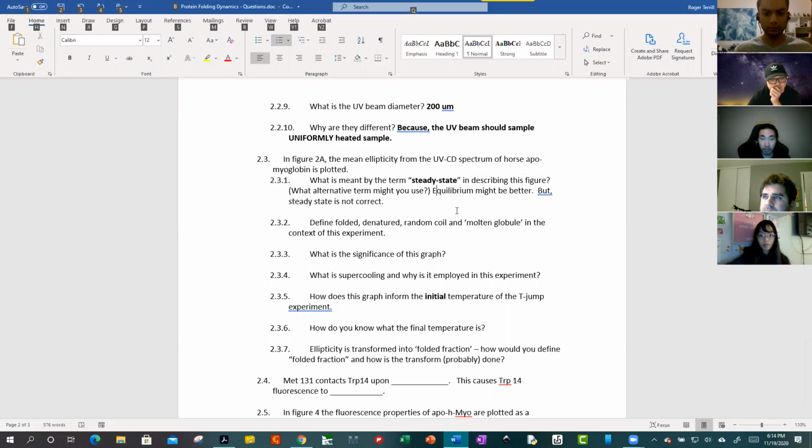Steady state is like if you have a big lake draining into a little lake or into the ocean, right? And the river is flowing at a steady rate. That doesn't mean that it will flow that way forever. It just means that for the time being, it's relatively constant, right?